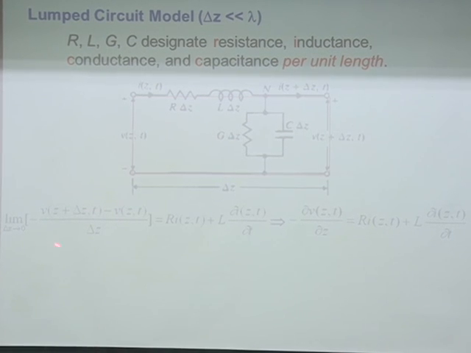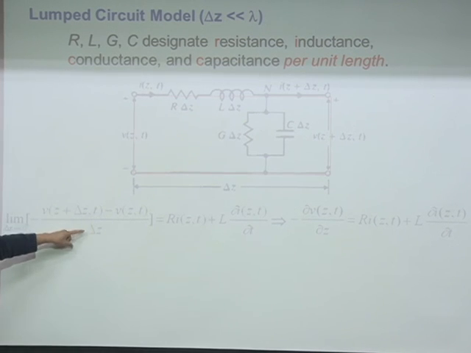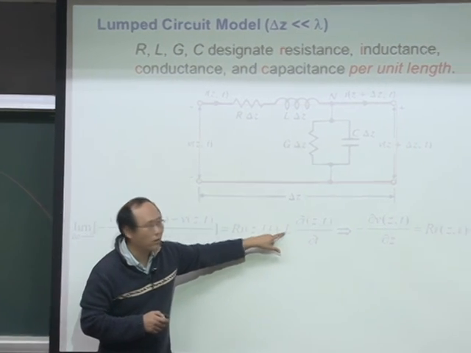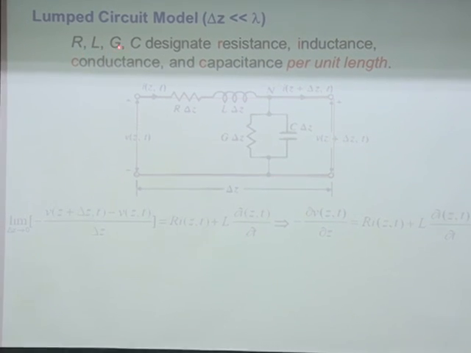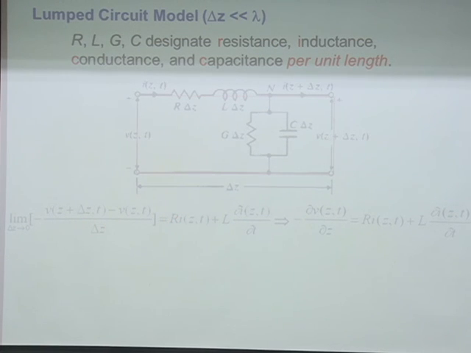So this is sort of quite straightforward, except that you have a differentiation of this voltage with respect to the distance, because this R and L are quantities normalized to the distance. 所以在这里呢，这个 RLGC are resistance, inductance, conductance, and capacitance per unit length 每单位长度。Okay, therefore you have a differentiation right here because 这个 R 跟 L 都是每单位长度的一个量。So this is Kirchhoff's voltage law allow you to write down this expression.